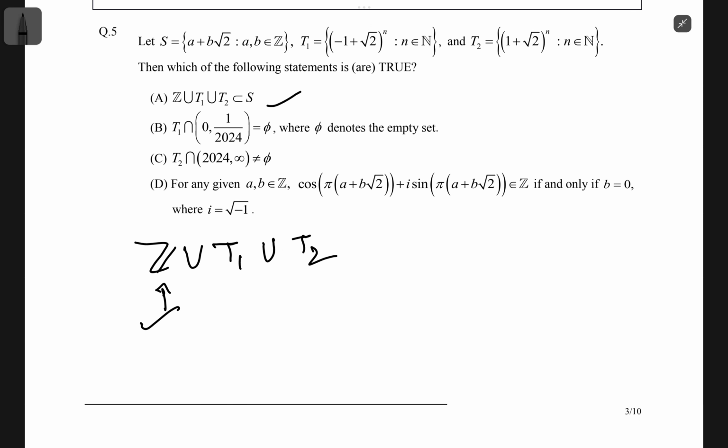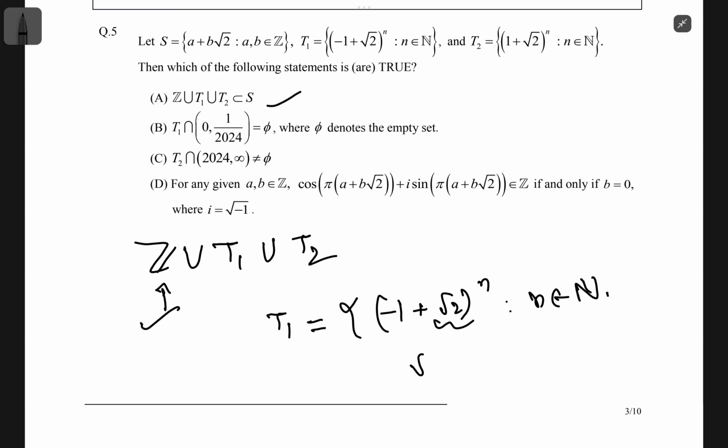What about T1? T1 can be minus 1 plus root 2 power n, such that n is an integer, and you can write this as a binomial expansion.